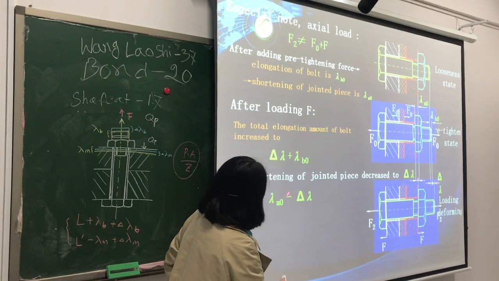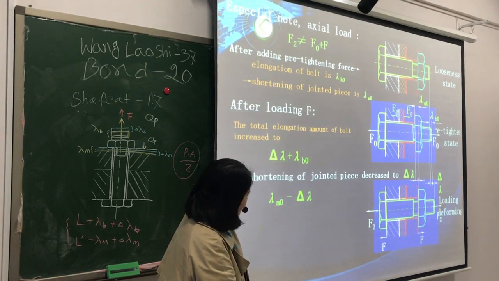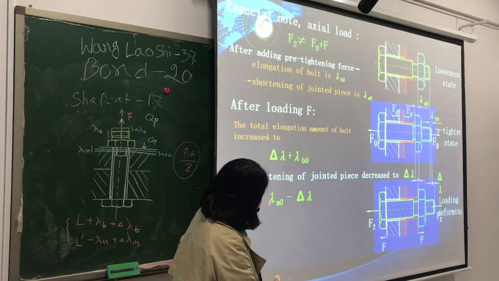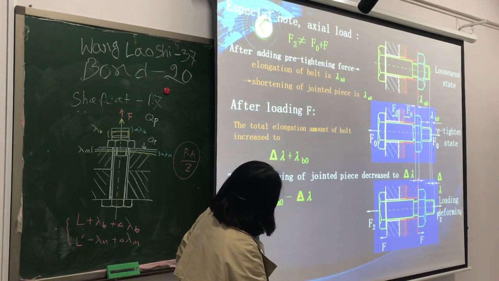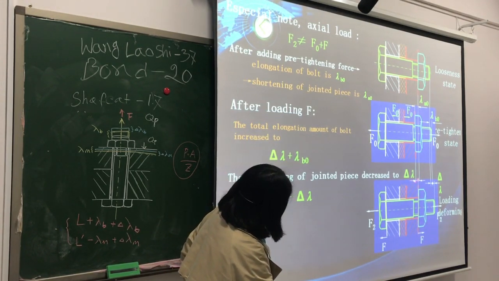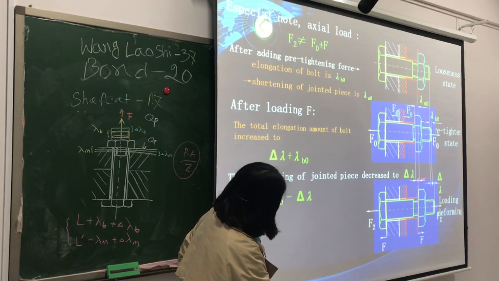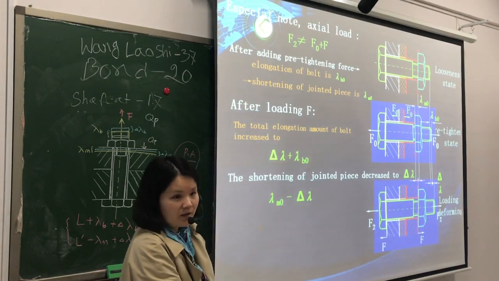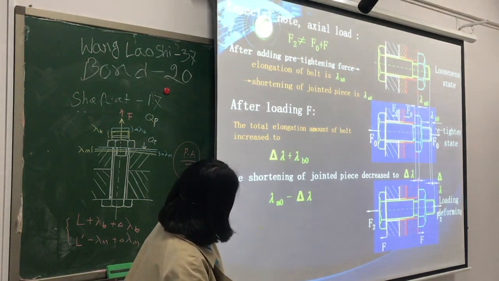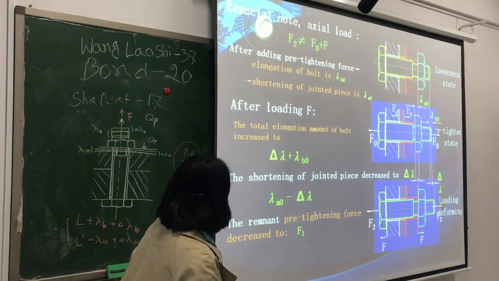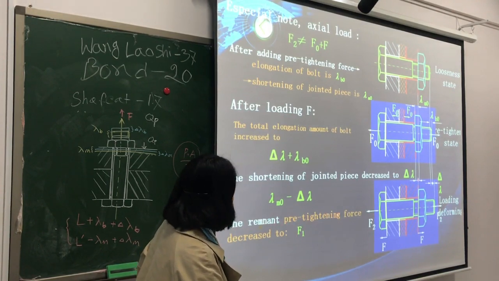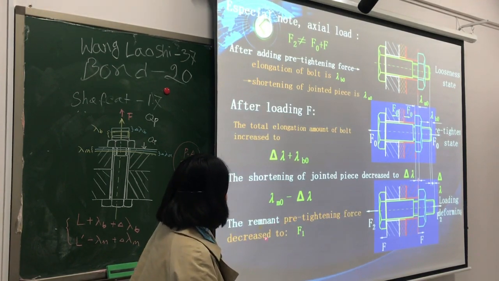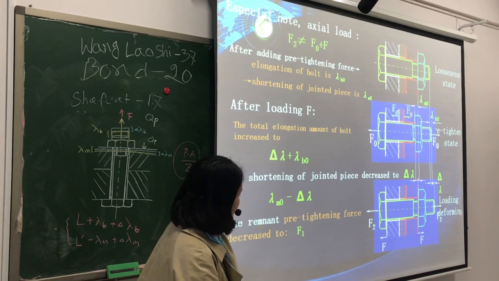And the shortening of the members is lambda m0 minus delta lambda. And the remnant preload decreases to F1.